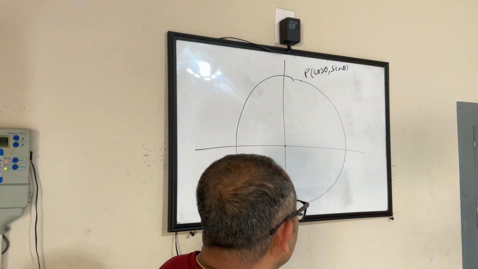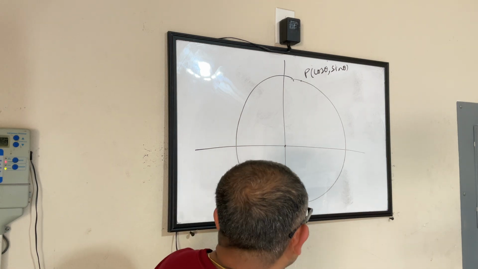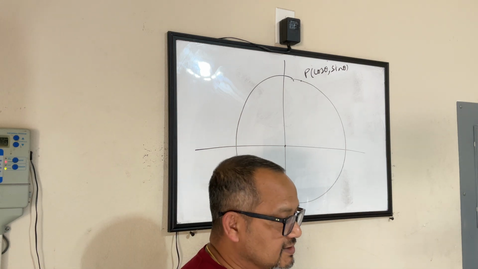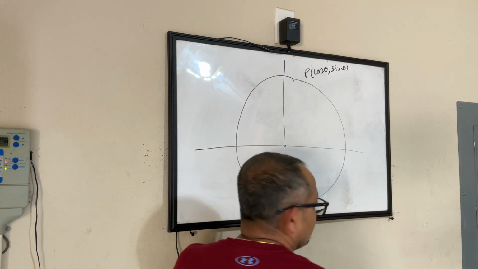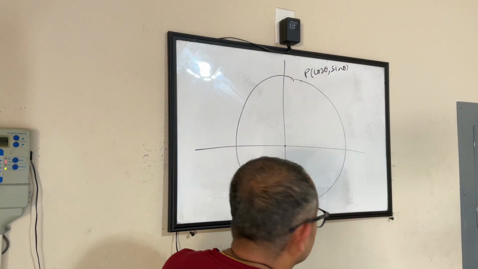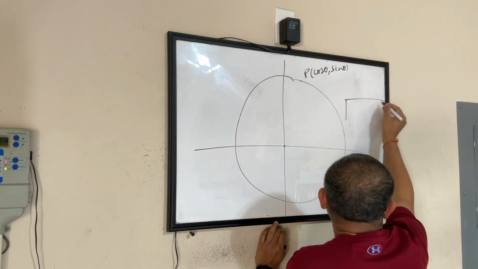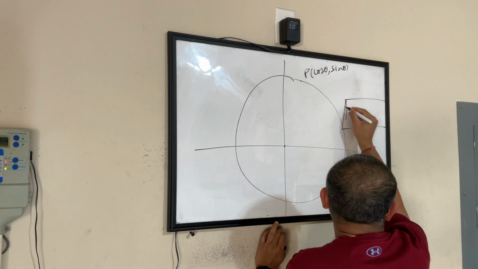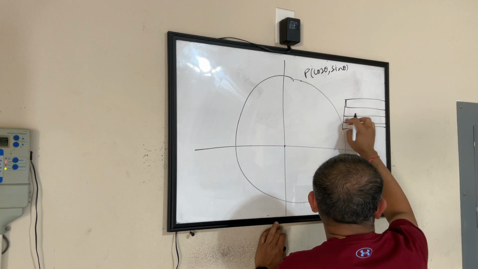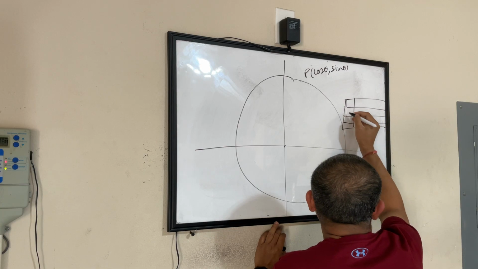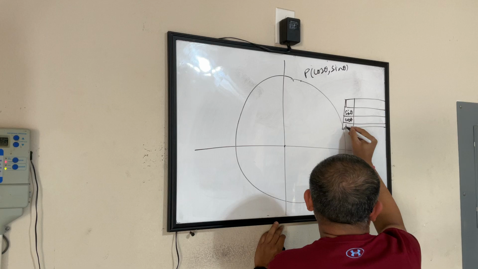Okay. And this helps you find out the value of different angles. I believe most of you were there in the previous classes where we found out the value of some commonly used angles, sine, cos, tan.